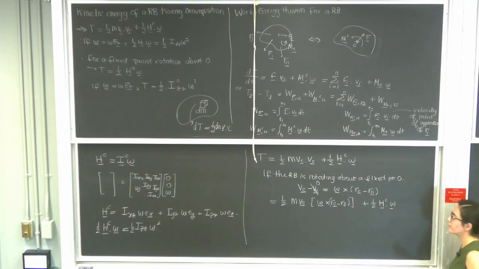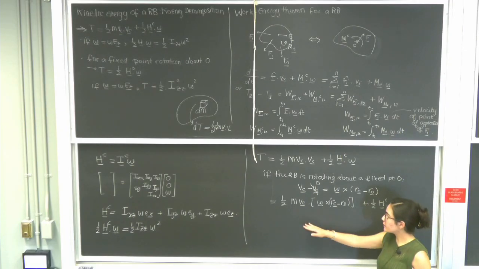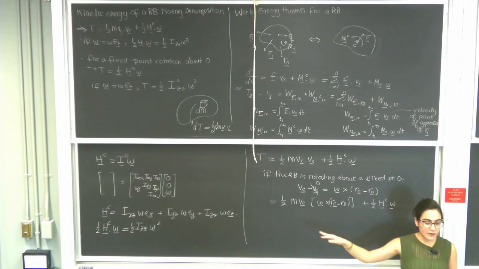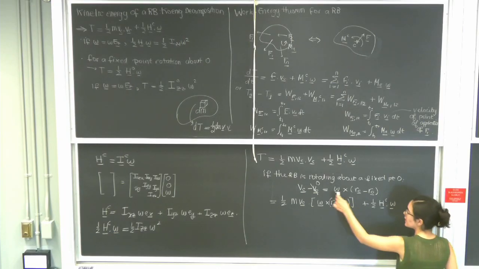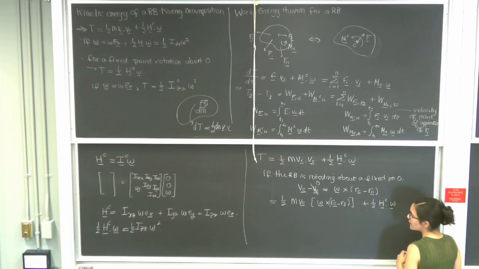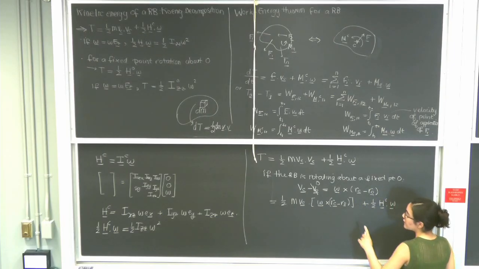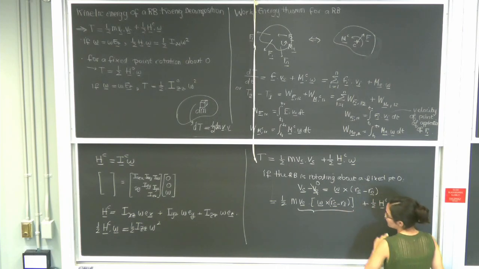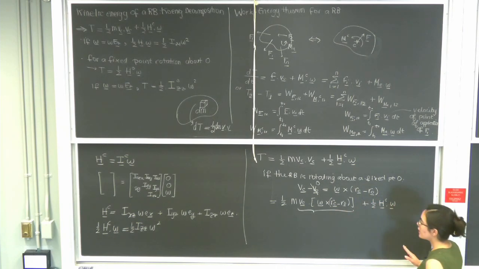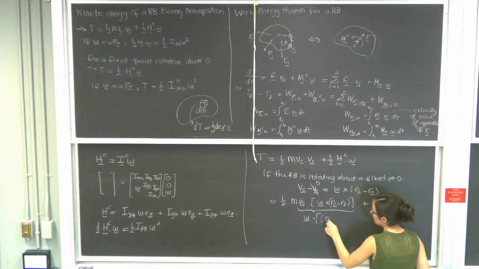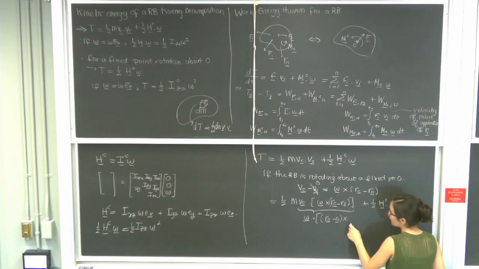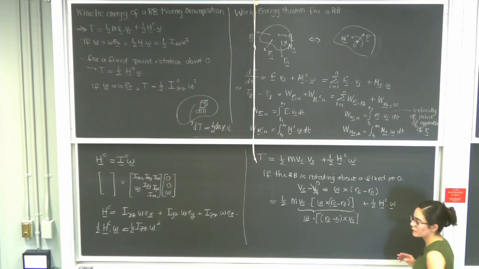H_C dot omega. I want to take omega as a common factor, so I will remember my properties that when I have the scalar triple product, meaning a cross product and a dot product, I can switch these terms cyclically. So this is equal to omega dot, cyclically, R_C minus R_O cross V_C.